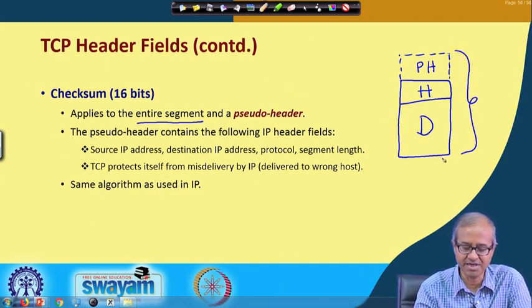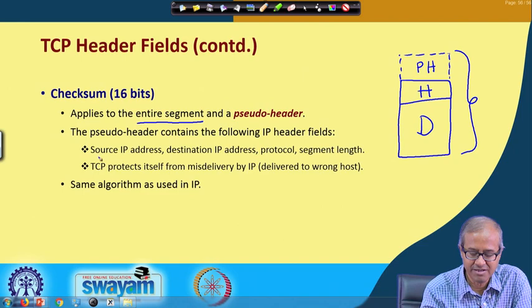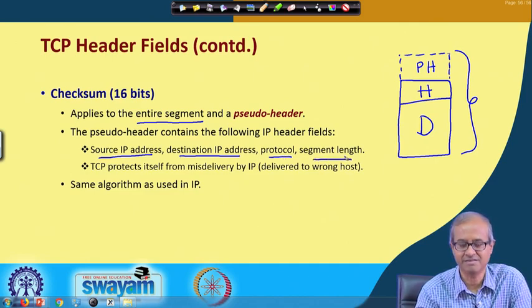What does this pseudo header contain? The pseudo header borrows some of the fields from the underlying IP. That is not strictly part of the TCP header, but it borrows something from IP, like source IP address, destination IP address, which protocol it is using, TCP or UDP, and what is the length, right.